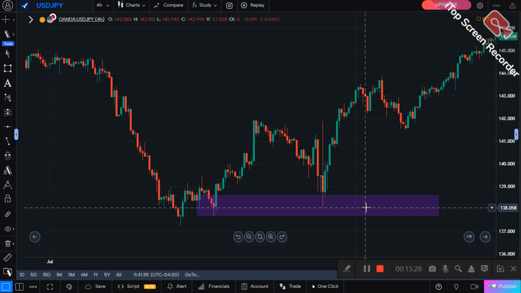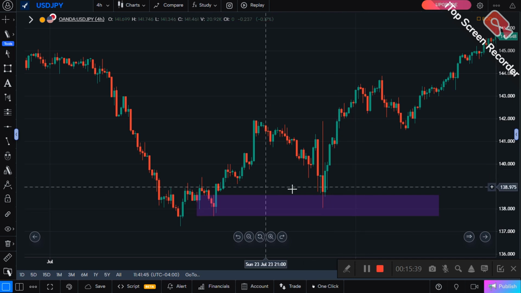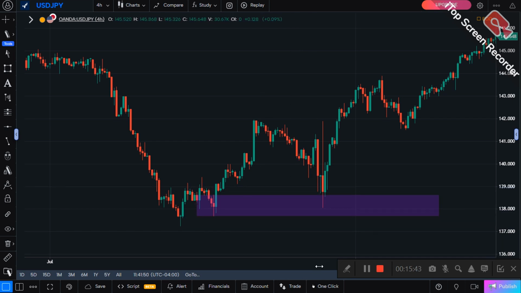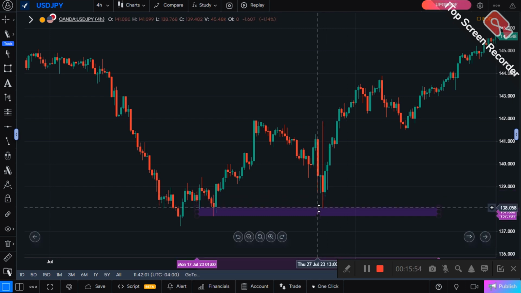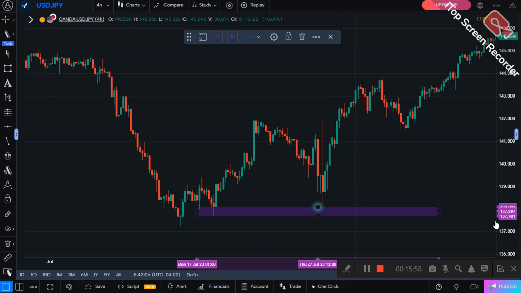I would not be entering too much in 1 hour or 30 minutes, would not enter too much on such small order blocks. Its validity is only in 1 day and 4 hour. So now in 4 hour I have to try to find the smallest possible.